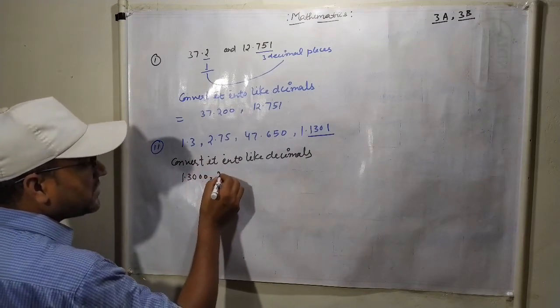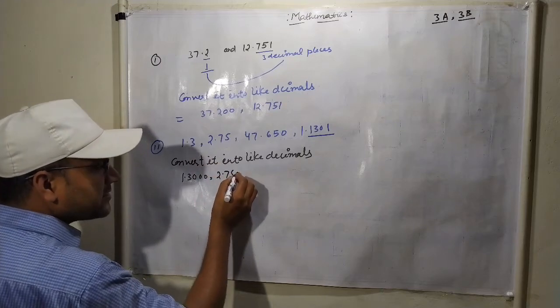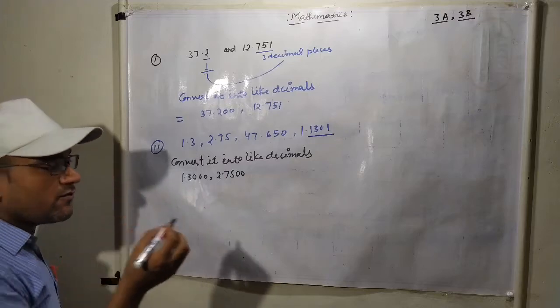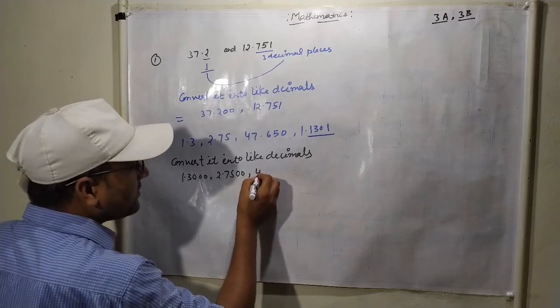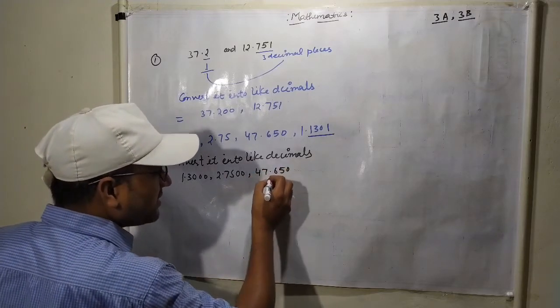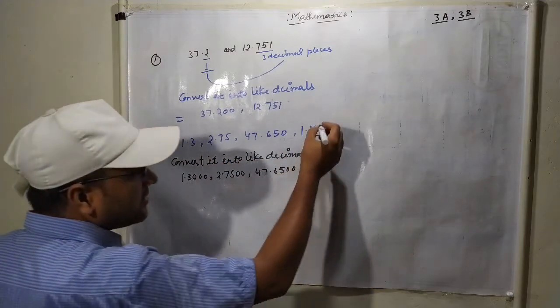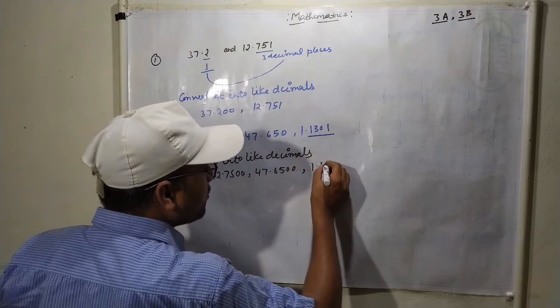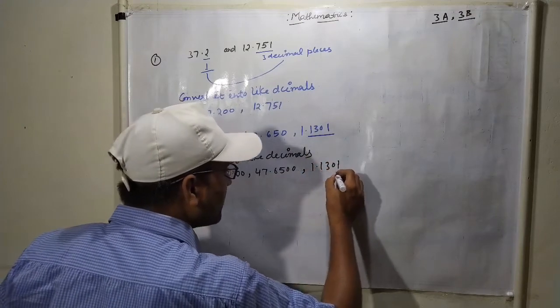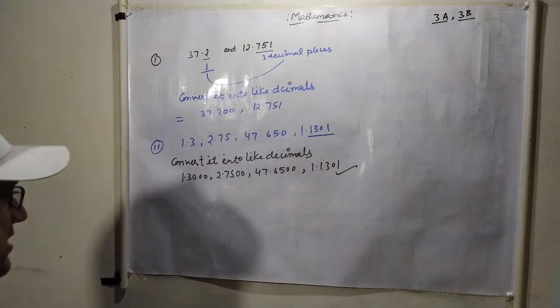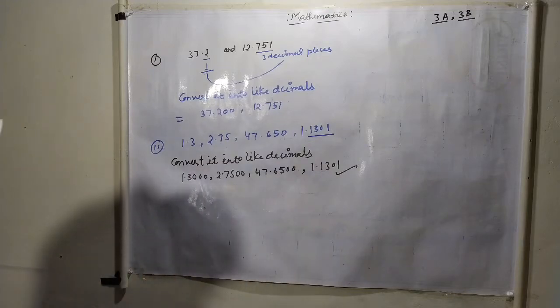This one is 2.75, there are 2 decimal places, you can add 2 more 0s because our aim is to make the decimal places 4. Here is 47.650, there are 3 decimal places, 1 more is needed, so you add 0 to this one, and this number is as it is, 1.1301. By this way you can change unlike decimals into like decimals.